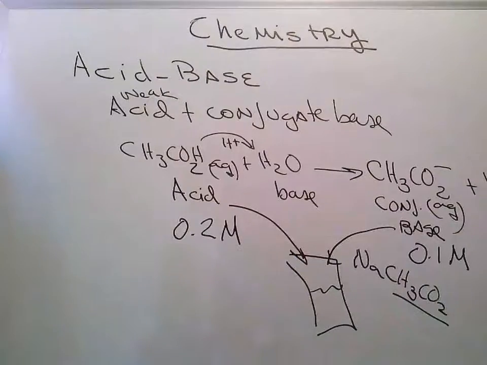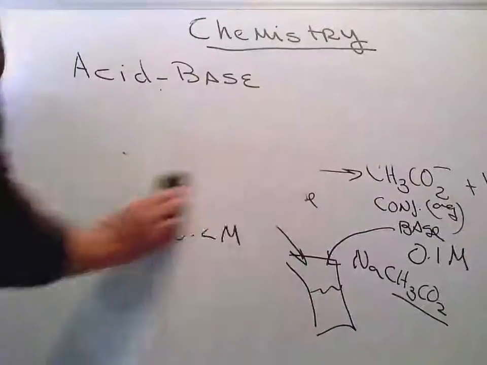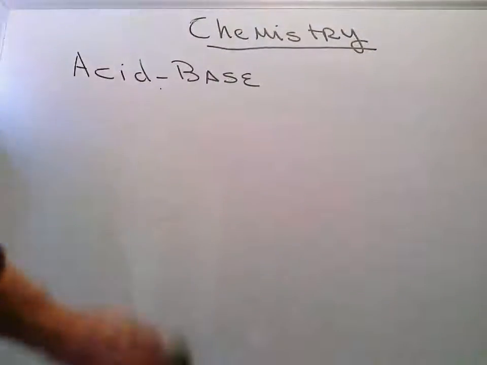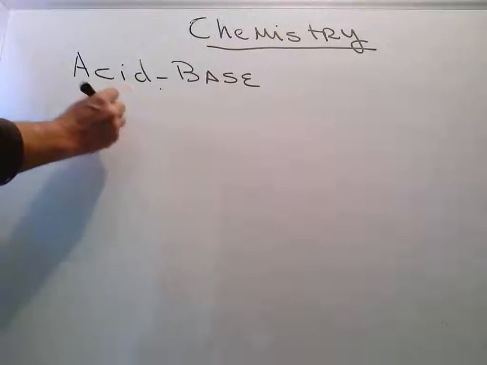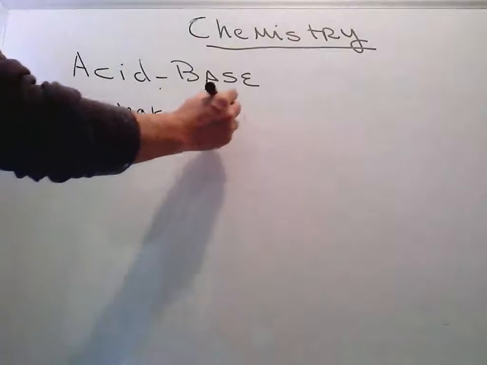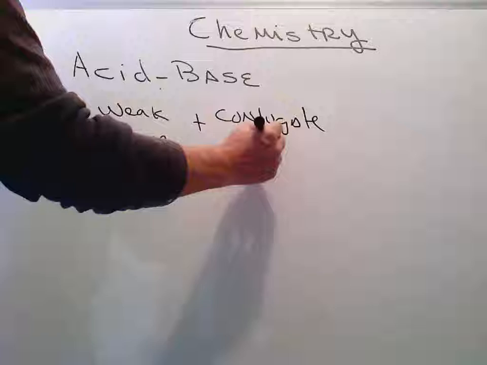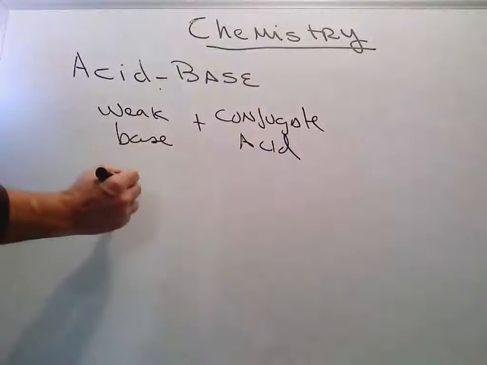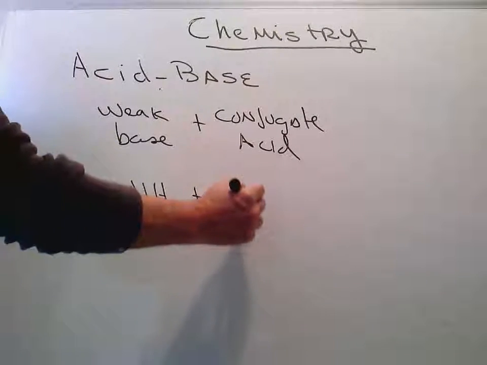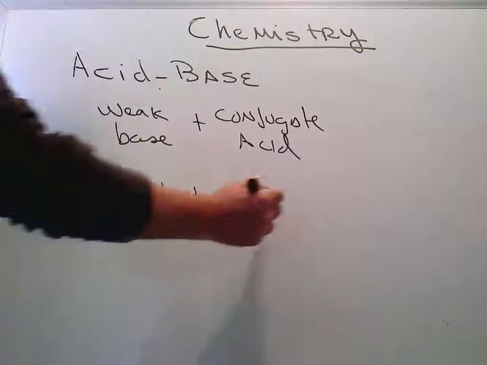Let's see another example. Let's try to make a weak base with the conjugate acid. Ammonia is a weak base; reacting with water it will form the following equilibrium.